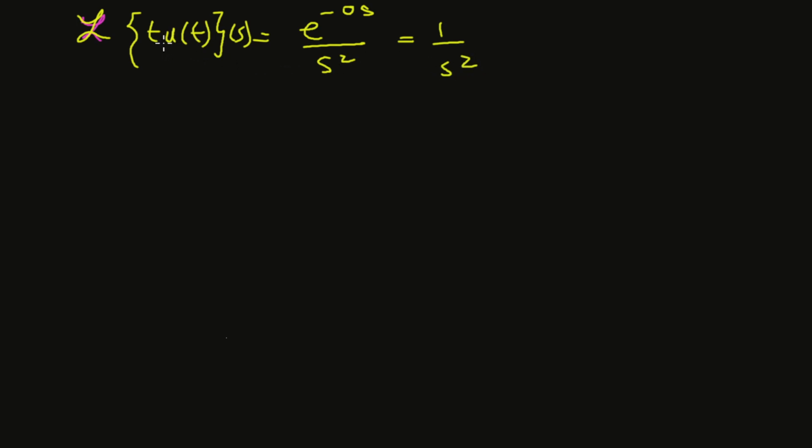The Laplace transform of u of t is known, but maybe I can also give you that here as well, in the review. So this is kind of a formula.